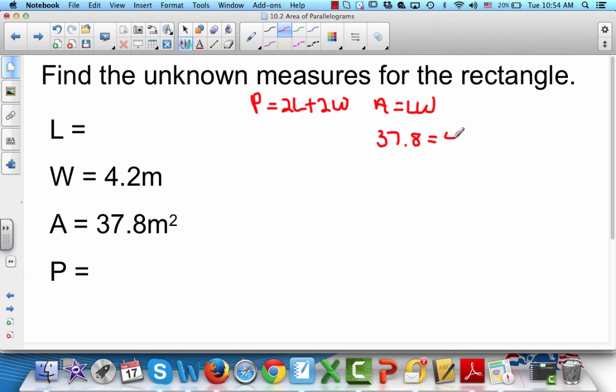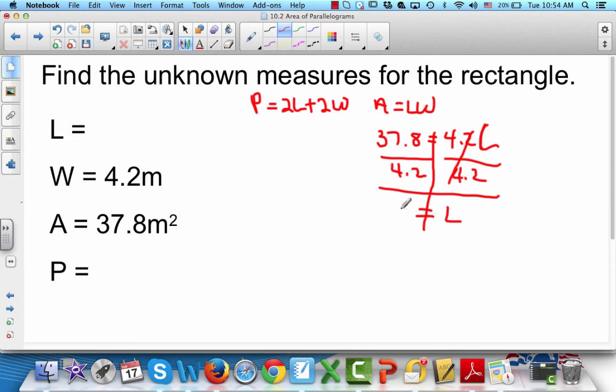So it'll be 4.2 times, I just need to put an L there, times L. 4.2 times the length. So we figure this out. We divide, put our line, divide by 4.2, divide by 4.2. Those cancel each other out, and you're left with L, length, equals 9. So we put the 9 right here, 9 meters.